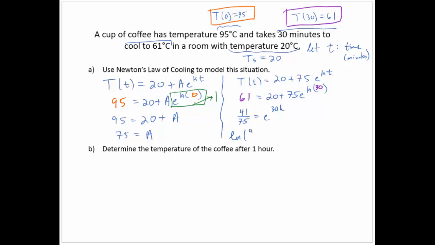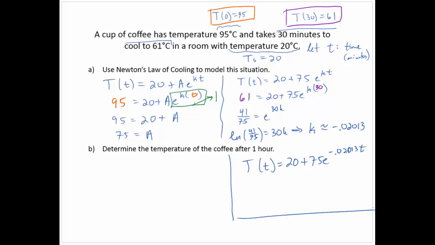Natural log of 41 over 75 is equal to 30k. And so dividing through by 30, k ends up being approximately negative 0.02013. And so then my model would be that T of t is equal to 20 plus 75 e to the negative 0.02013 t.